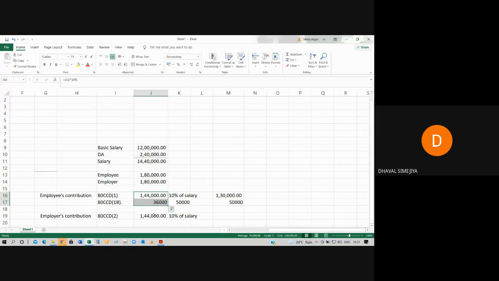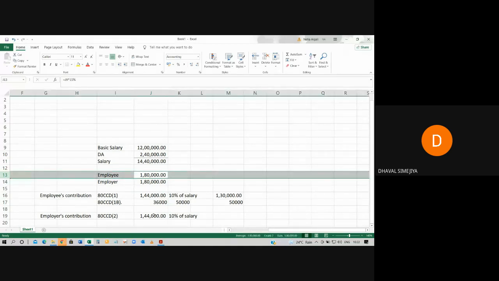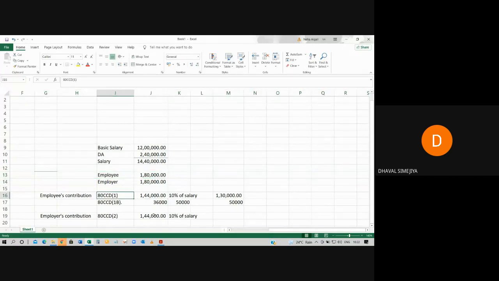We're trying to use the 1,50,000 to take care of 80CCD1 and 80CCD1B. What I want, in simple language, is to utilize this 1,80,000. Please focus on the Excel sheet. I have two choices: either I claim under 80CCD1, or I claim under 80CCD1 and 80CCD1B.